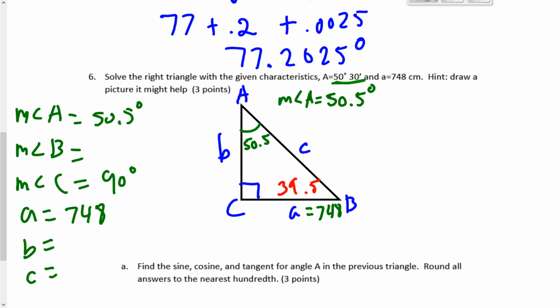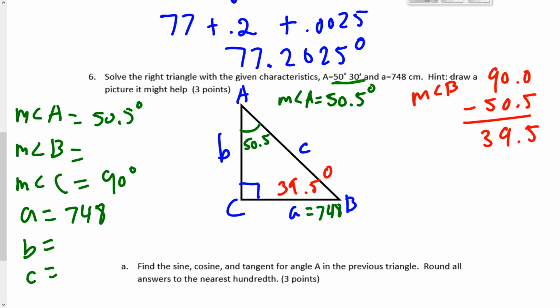So let's just do 90.0 minus 50.5 is 39.5, right? So that is our measure of angle B. So now we got our angles all done.